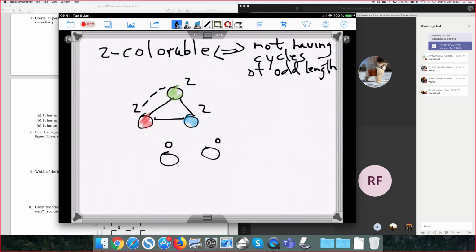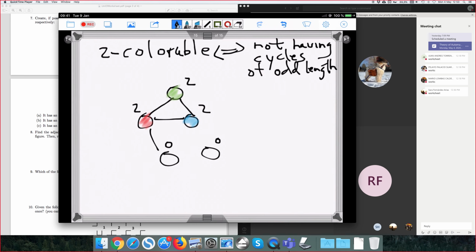If, for instance, I add the edge here, then these 2 vertices will increase the degree to 3. And then we cannot have an Eulerian cycle, because for an Eulerian cycle to exist, all the degrees must be even. Okay? If I include the edge here, then the degree of these 2 vertices increases to 1. So again, I cannot have an Eulerian cycle. Okay?